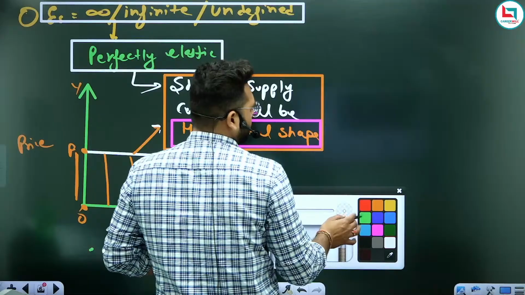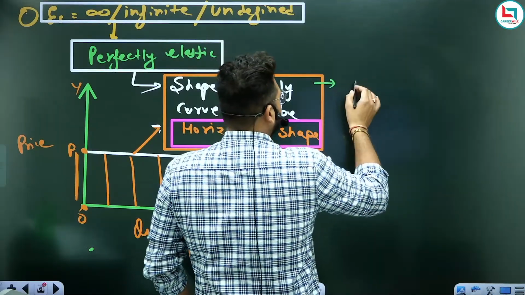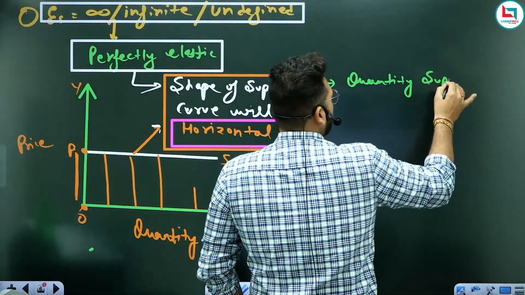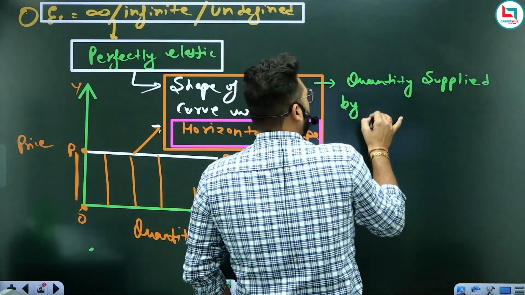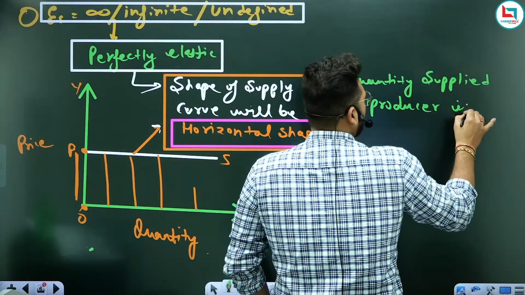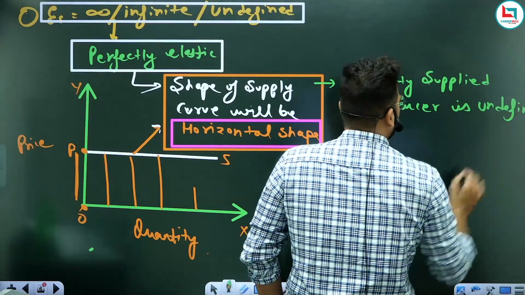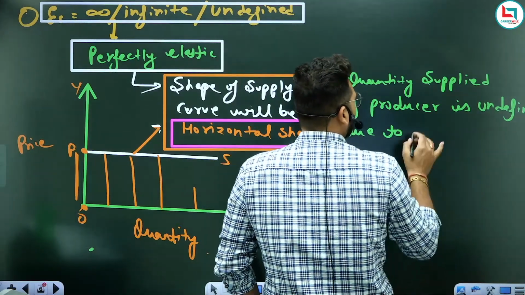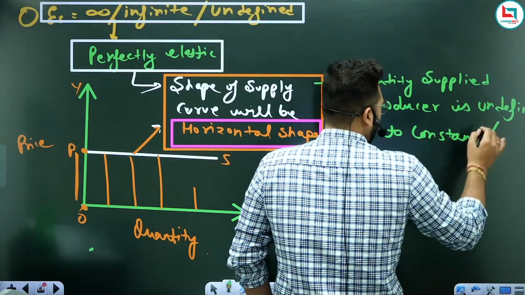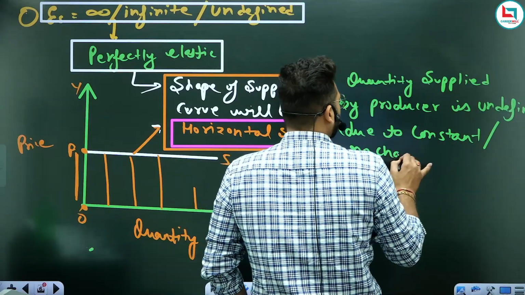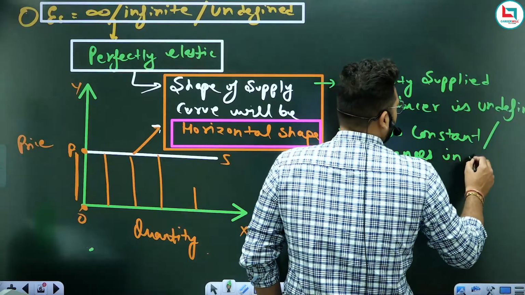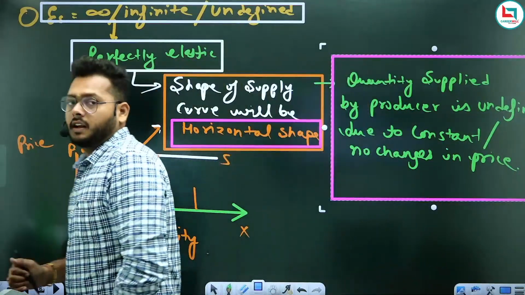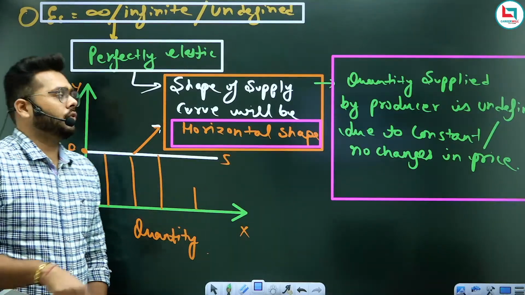I mean to say, when the quantity supplied by the producer is undefined due to constant, or you can say no changes in price, this is what is called perfectly elastic.